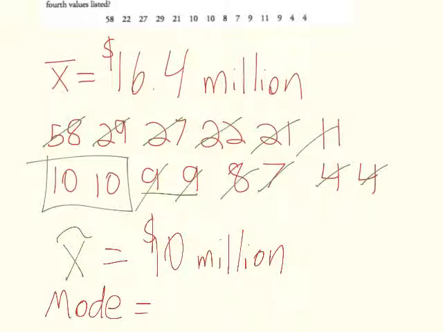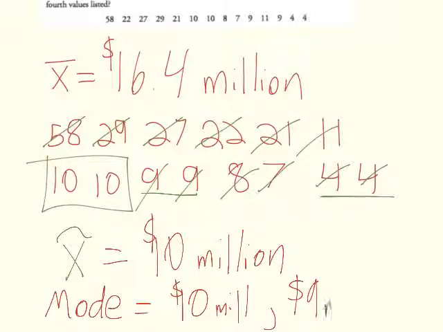I've got 2 9s. I've also got 2 4s, okay? Nothing else is listed any more times than that, so that's my highest frequency, 2. So that means I've actually got 3 modes. It's multimodal, okay? So 10 million, I'm going to abbreviate a little bit. 9 million is a mode also. And then 4 million as well. Okay? So we've got 3 different modes.